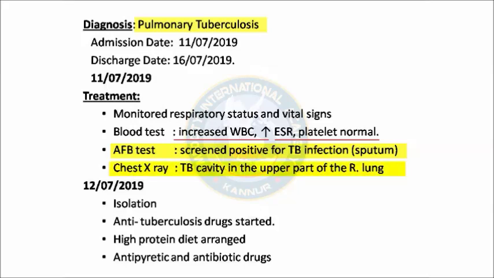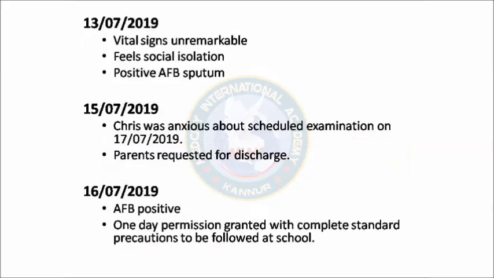Chest X-ray has been done and it shows a cavity in the upper part of the right lung. And he feels kind of isolation, and he was started on anti-tuberculosis drugs, and he was given a high protein diet.